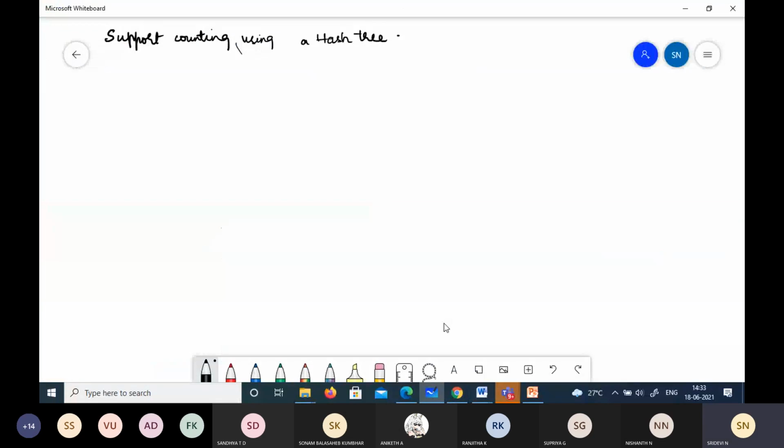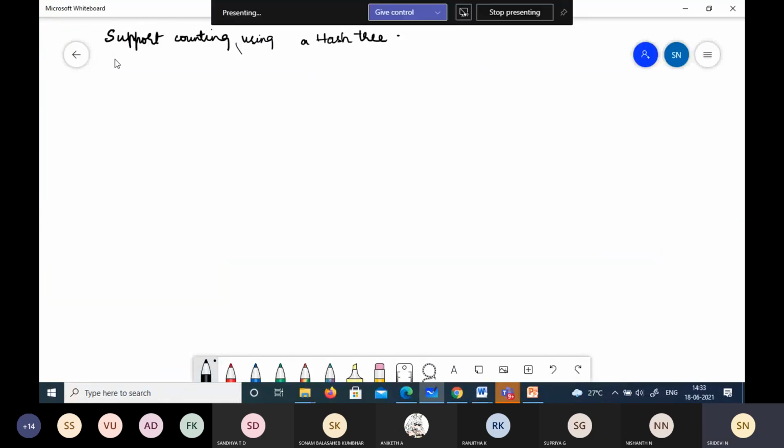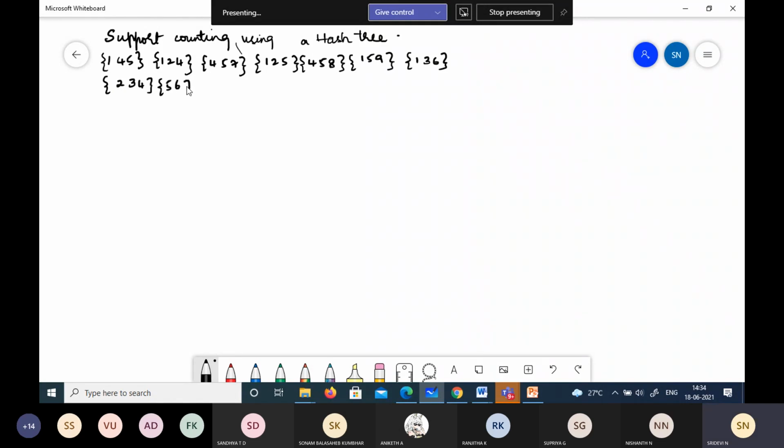We have the transactions, the values which are given. 145, 124, 457, 125, 458, 159, and then we have 136, 2, 3, 4, 5, 6, 7, 3, 4, 5.